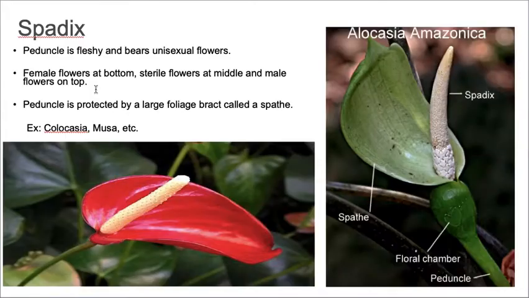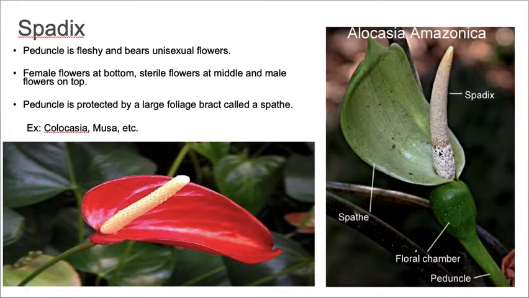Okay, now let us take spadix. Spadix is really a kind of wonderful inflorescence, because see, this peduncle has become fleshy. See, it has become so big because it has a lot of water content, so it becomes fleshy, where it bears only unisexual flowers. Unisexual flowers means flowers with either androecium or gynoecium.